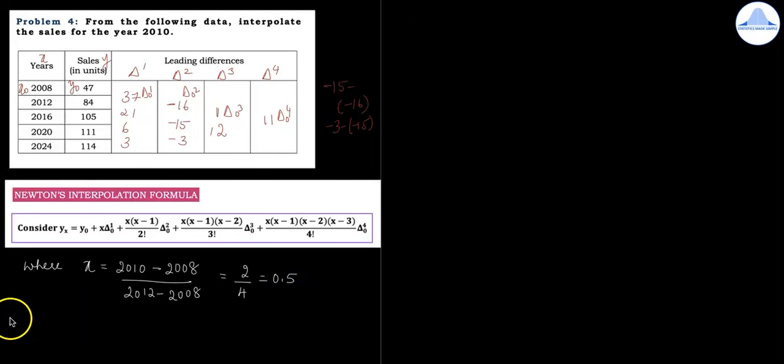Now let us substitute in the formula. So you'll get therefore y, in place of x you should substitute 2010.